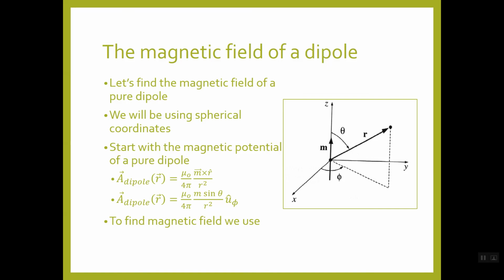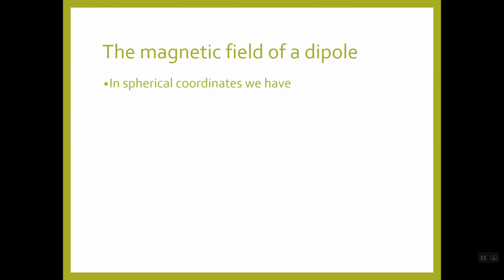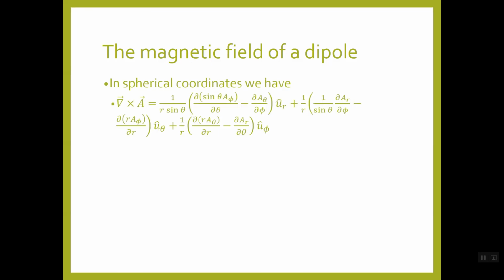So to find the magnetic field of our dipole, you just have to take the curl of the magnetic potential. And remember, we're using spherical coordinates.